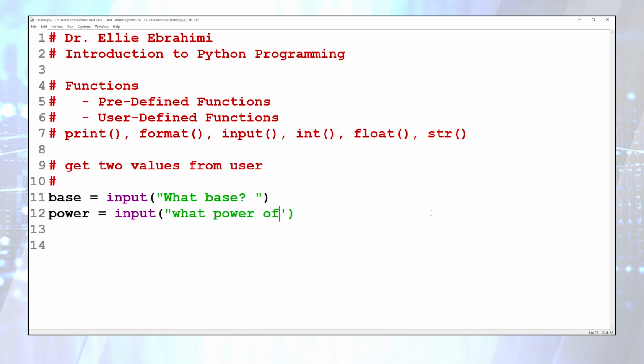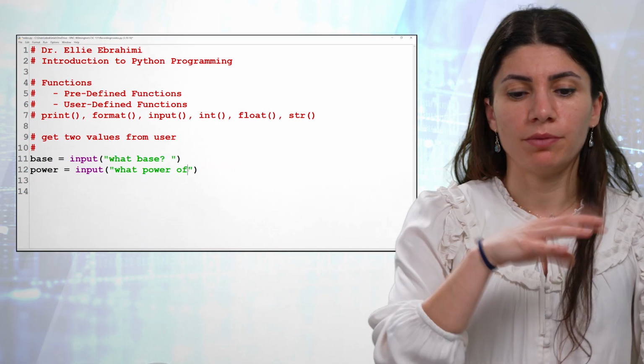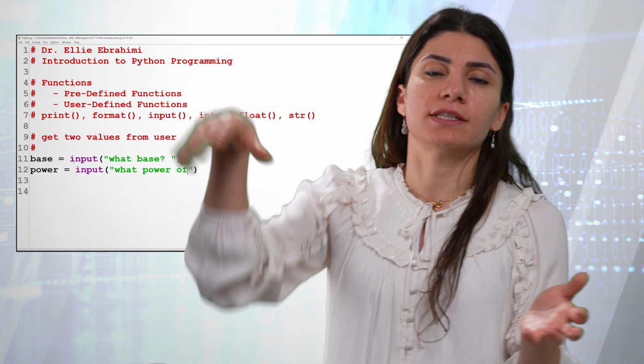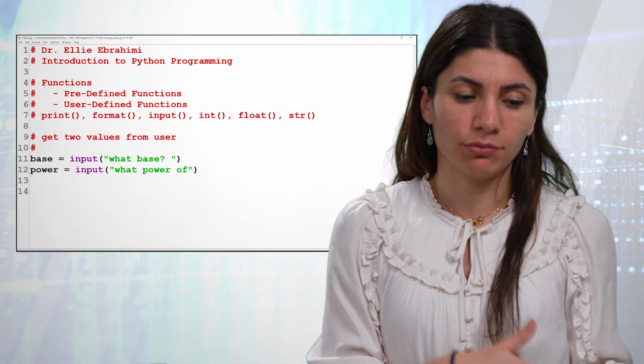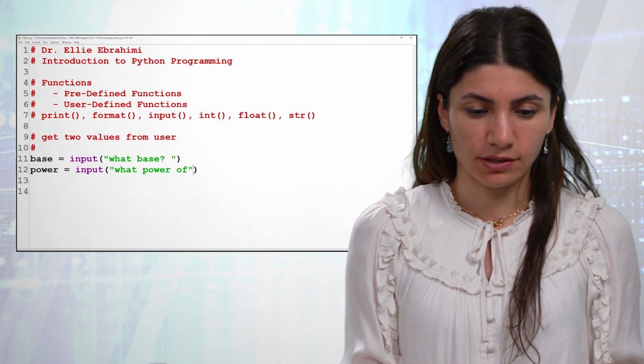So you are going to say, what power of, and now I want to have that base to get another number, saying, okay, what power of, for instance, 4, and then calculating the result in the next line.